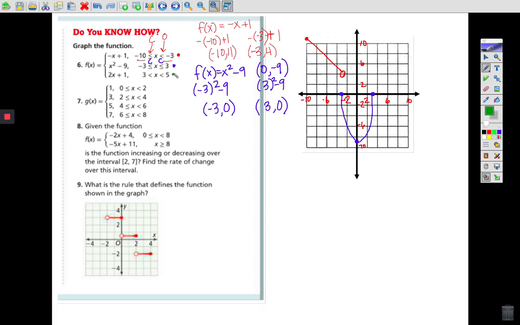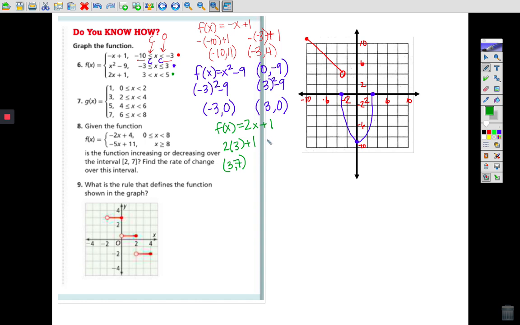Alright, and then my last graph here, it's 2x plus 1, so that's linear. So f of x equals 2x plus 1. Plug in 3, so 2 times 3 plus 1 would give us 7 when x is equal to 3.